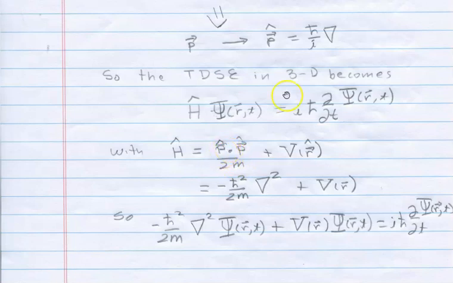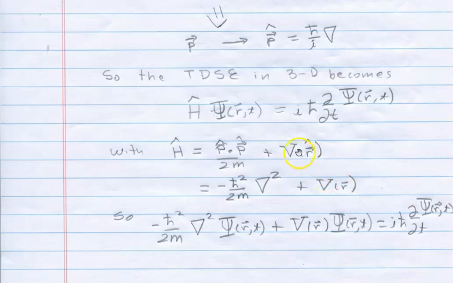But remember, p is the gradient, and so this is really del dot del with some constants in front of it. h bar over i squared gives minus h bar squared, and then I still have the 2m. And del dot del, the divergence of the gradient, is the Laplacian del squared. And as usual, the x, y, z's just turn into the coordinates, so it's just multiplication by the coordinates.